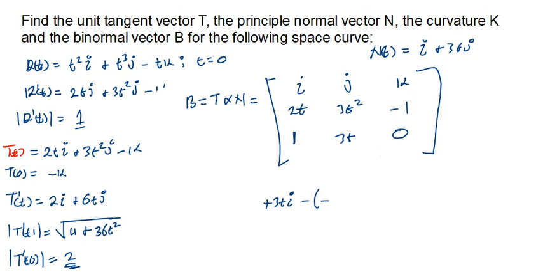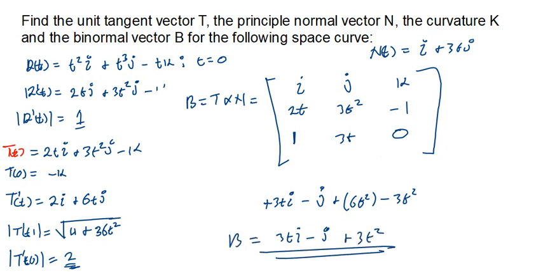Since I have negative 1 multiplied with this one, it will remain as negative 1, but I'll just indicate it as j. Then in the k, 2t by 3t gives us 6t squared minus 3t squared. So we have 3t in the i minus j plus 3t squared, and that is our B.